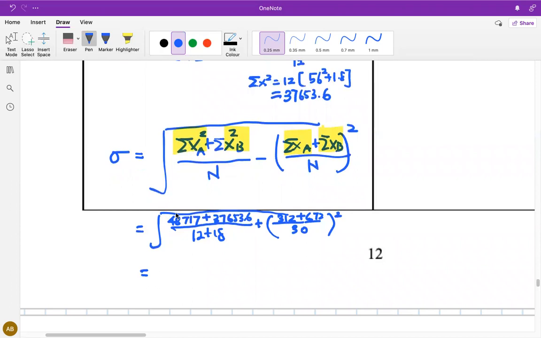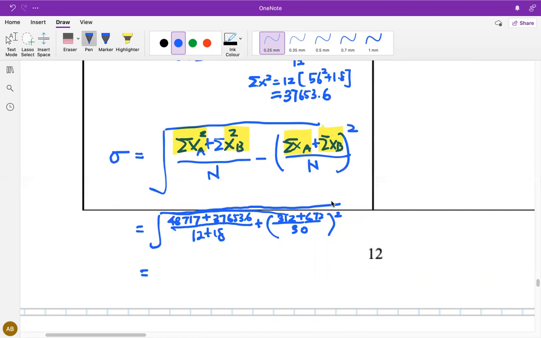Okay, this is square root, remember? All right, so 48717 plus 37653.6 divided by 30, then minus 312 plus 672 divided by 30, and then you square.